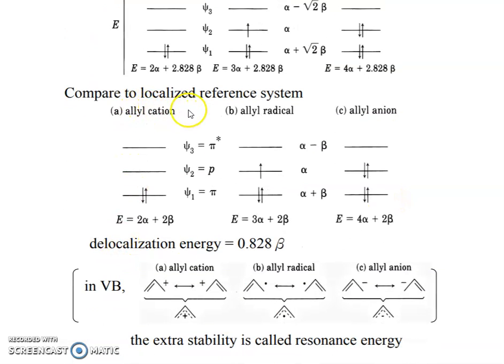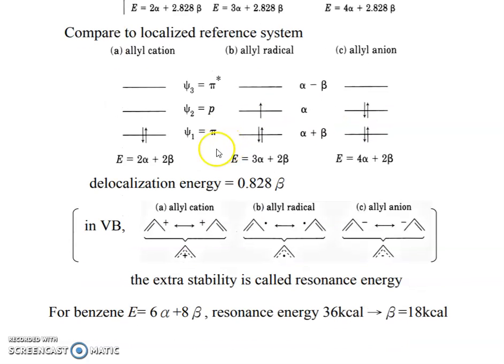So compared to the localized reference system, allyl cation, allyl radical and allyl anion: E is equal to 2 alpha plus 2 beta, E is equal to 3 alpha plus 2 beta, E is equal to 4 alpha plus 2 beta. So delocalization energy is equal to 0.828 beta.